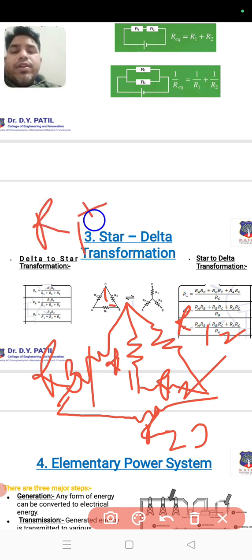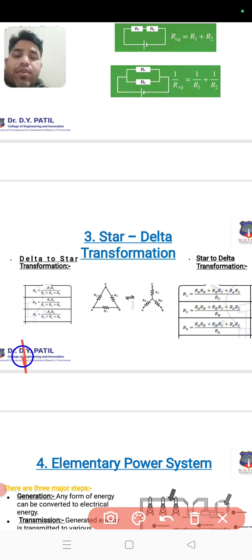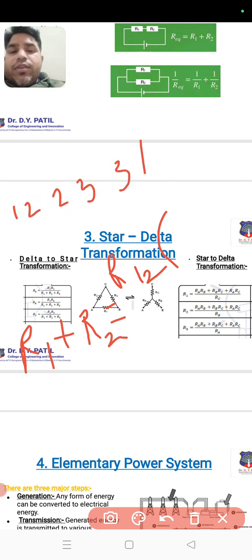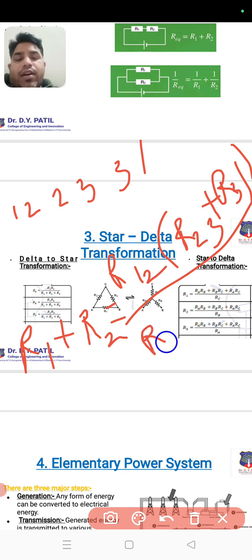So R1 plus R2 is equal to the product of R12 into bracket, whichever is remaining: R23 plus R31, both are remaining, divided by R12 plus R23 plus R31.